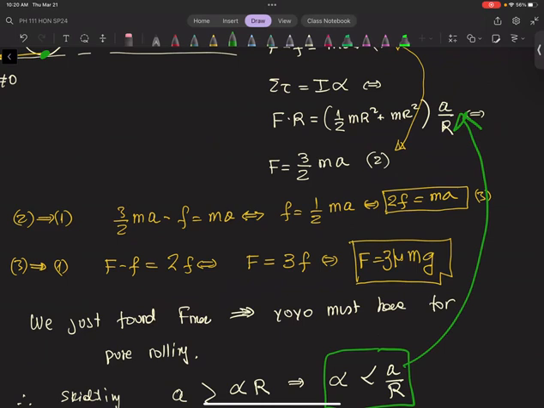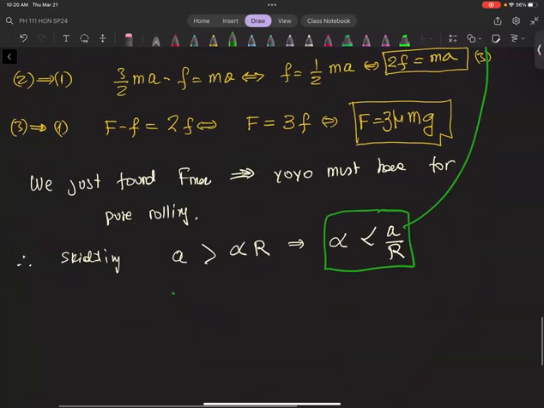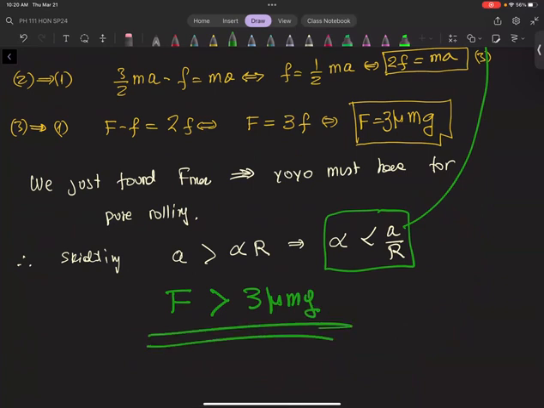See what I'm saying? Thereon, you will not be solving an equation, you'll be solving an inequality. And if you substitute this over there, you're going to end up that, you know what, my force must be greater than 3 times mu mg. This is why I called it maximum force.